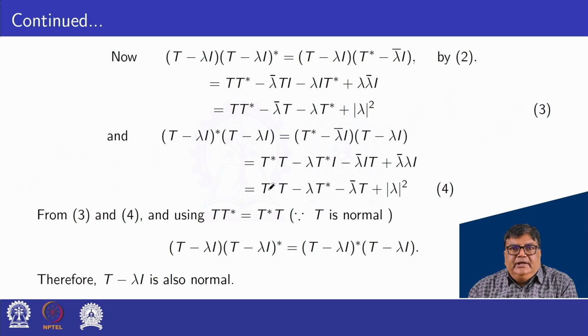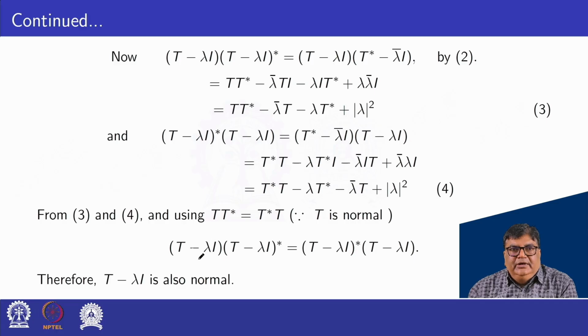Here TT* and T*T. Since T is normal, TT* and T*T are equal. So if this and this are equal, the left-hand side of equation 3 and the left-hand side of equation 4 are equal.